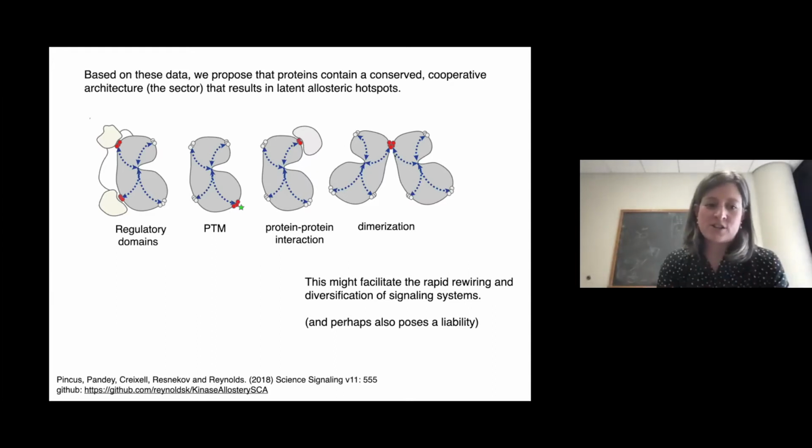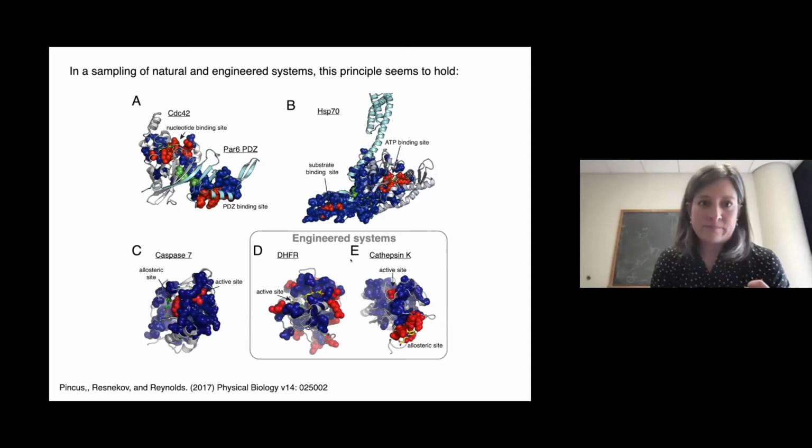Potentially all of that is federated by some kind of conserved underlying architecture that lets you use these different surfaces for allosteric regulation. If so, this could be a vehicle to rapidly facilitate, or at least facilitate, rewiring and diversifying signaling systems. But it might also be a liability, because now you could spark spurious or off-target regulation fairly easily.